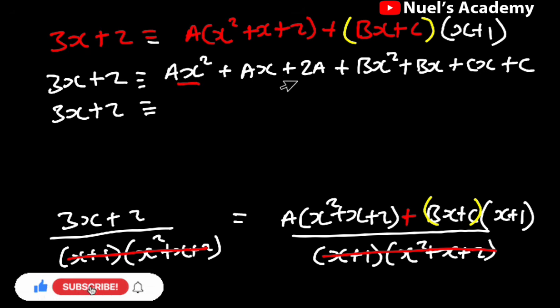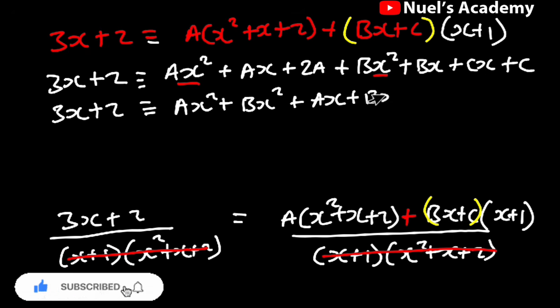So let's collect like terms based on the degree of x. We have ax squared plus bx squared, then we have ax plus bx, and we also have plus cx, then the constants, which are 2a plus c.